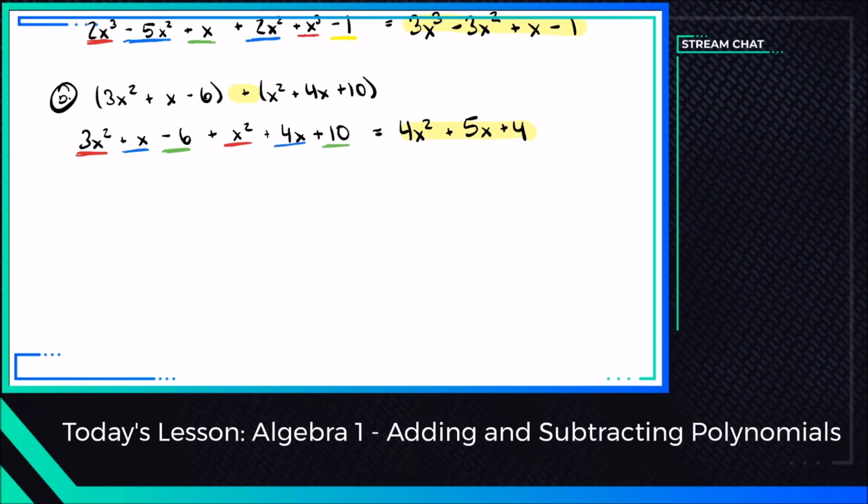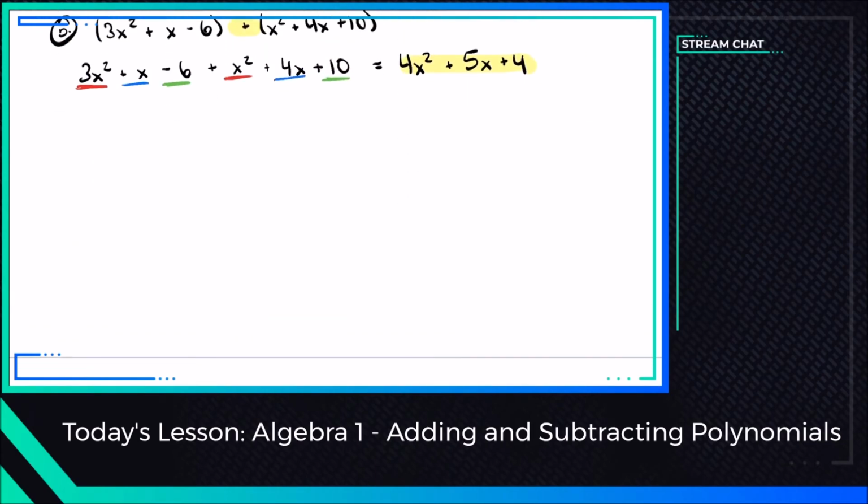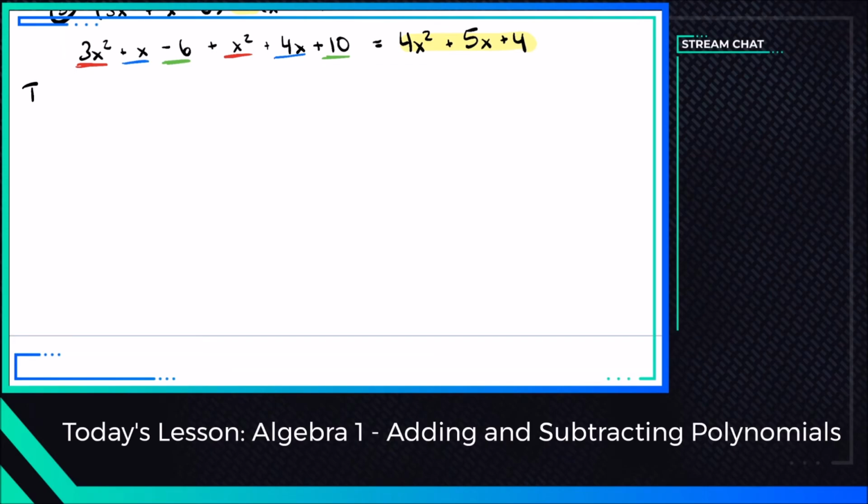But what happens if we try to, I don't know, subtract two polynomials? So to subtract, it's going to be a little bit different. We're going to multiply the second polynomial by a negative 1 and then add.